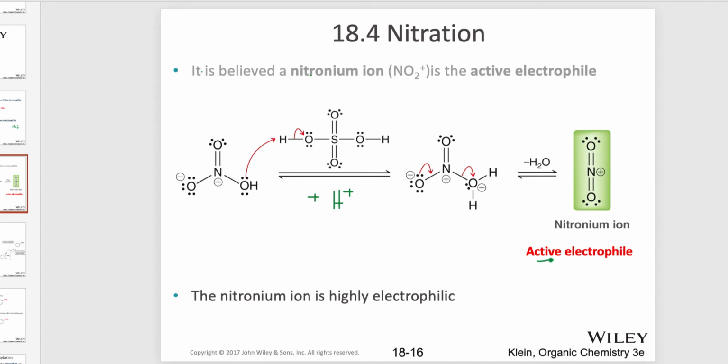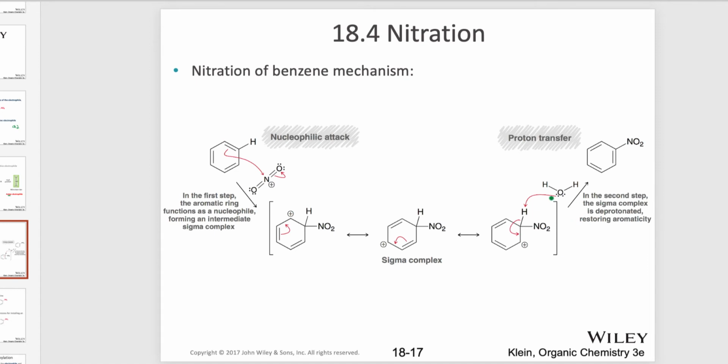So this is your active electrophile, and that can be used in the mechanism which is described on the next slide. The nitration of benzene. So all the hydrogens are equivalent. We could use any of the double bonds. As written here, you pick one of the double bonds and you need to start it appropriately in between the two atoms that are sharing that double bond.